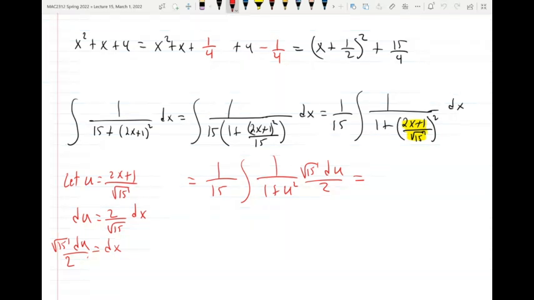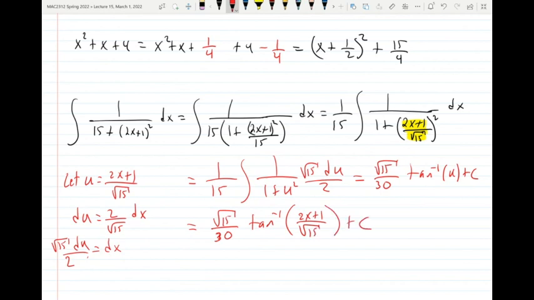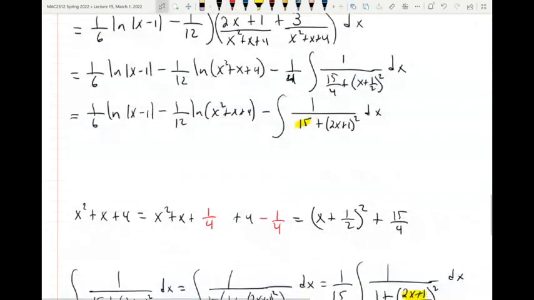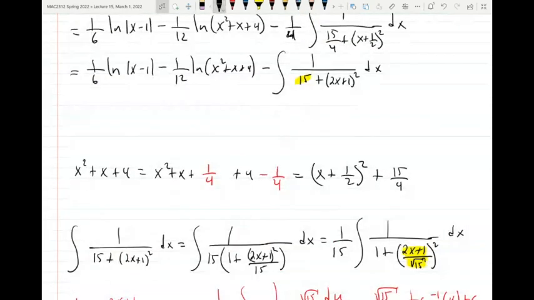Then the numbers are small, but it's not rationalized. So I'm gonna keep it rationalized, and therefore I'm gonna have a square root of 15 over 30. And then this is inverse tangent of u. So that would be square root of 15 over 30 inverse tangent of 2x plus 1 over square root of 15. And this result, I'm going to put it up here, in the tail of this, to finish our problem.